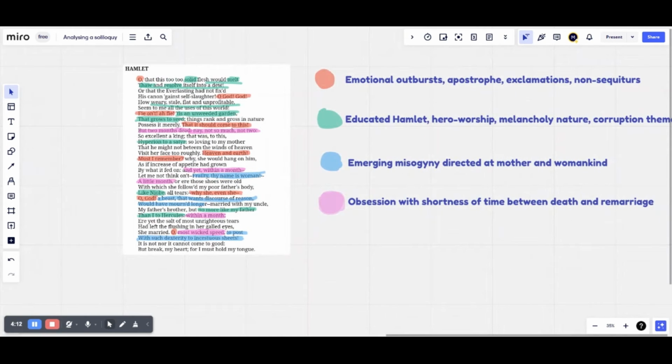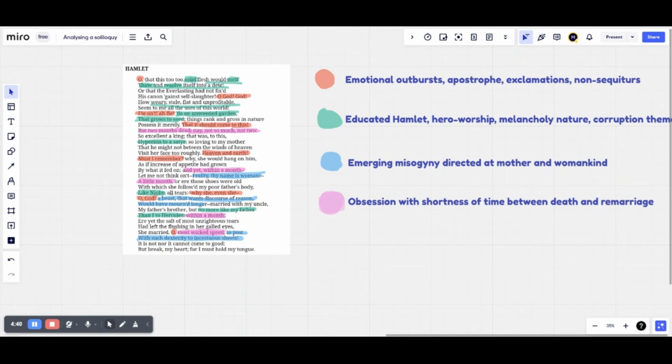Exclamations, oh God. Remember we can't analyse the punctuation, which was put in afterwards, but we can imagine that oh God, God is exclaimed. We don't need the exclamation mark to tell us that. We can tell because it's a short exclamatory phrase that it's being said at volume. Then we get these non sequiturs that don't seem to be linked to anything: that it should come to this.